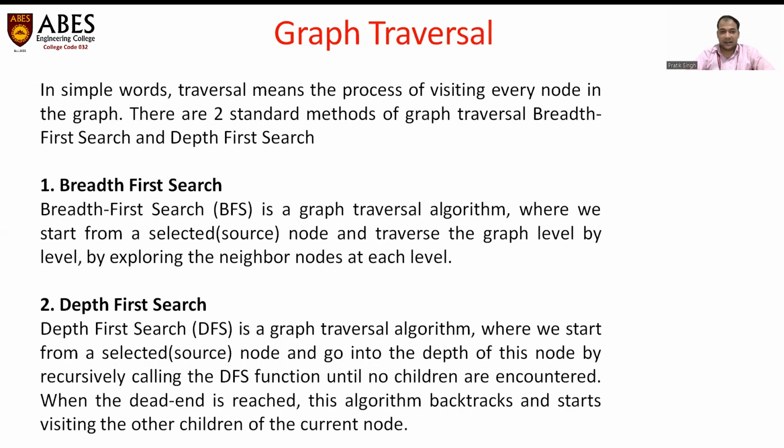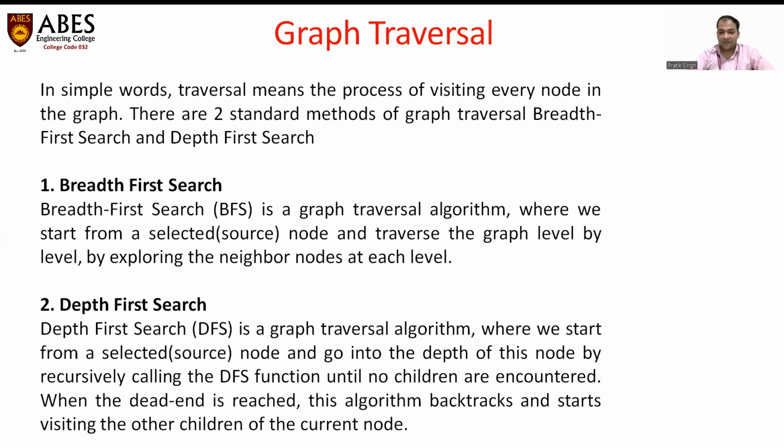Now, graph traversal. There are two types of traversal algorithms. The first one is BFS, breadth first search, and the other one is DFS, depth first search. BFS is a graph traversal algorithm where we start from a selected source node and traverse the graph level by level, exploring the neighbor nodes at each level. So the nodes at the same level are traversed first, then we move to the next level.